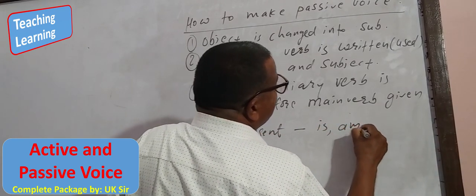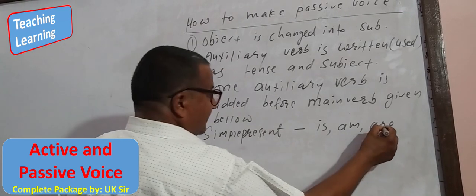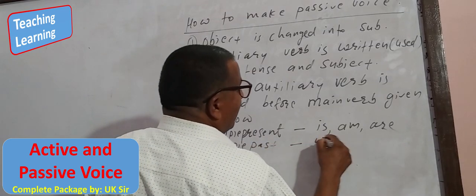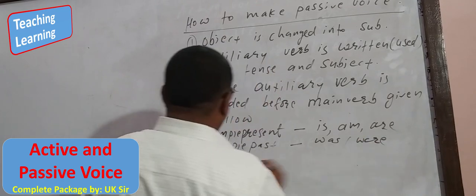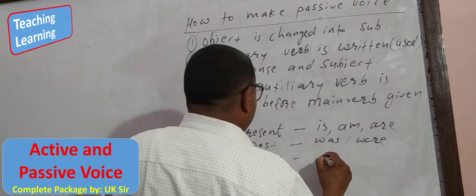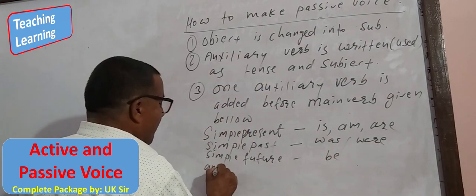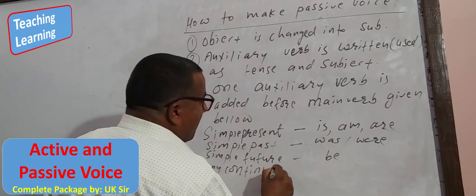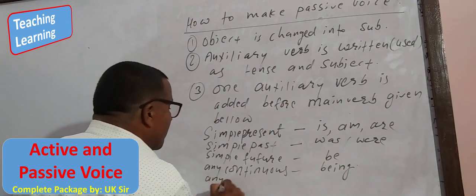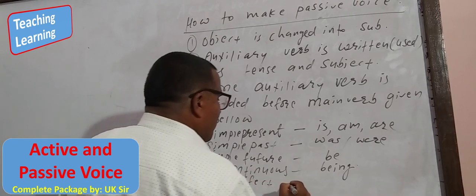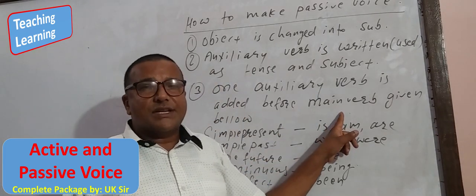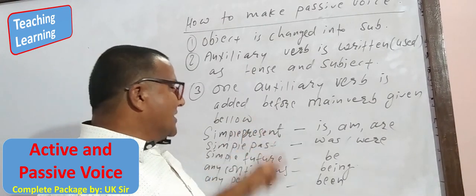Simple present: is, am, are. One auxiliary verb is added before the main verb, which are given below.